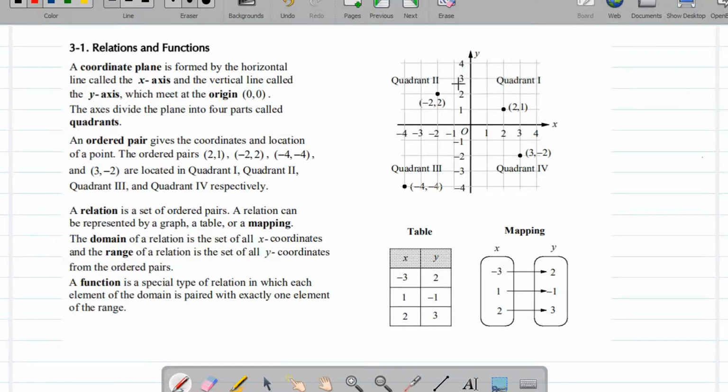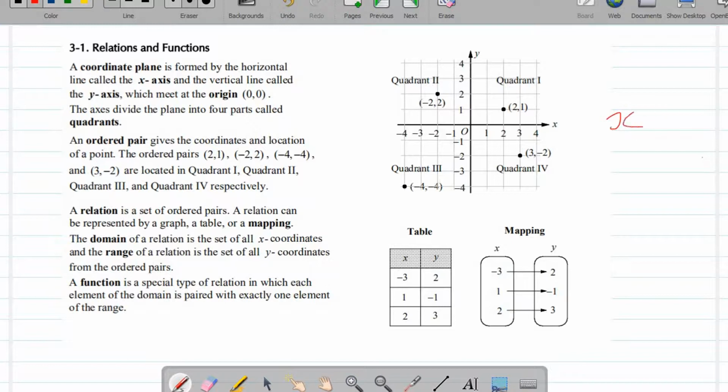So remember, when they talk about the quadrants, these are the positions of the quadrants. A relation is a set of ordered pairs. A relation can be represented by a graph or a mapping, and the x values and the y values are those points.